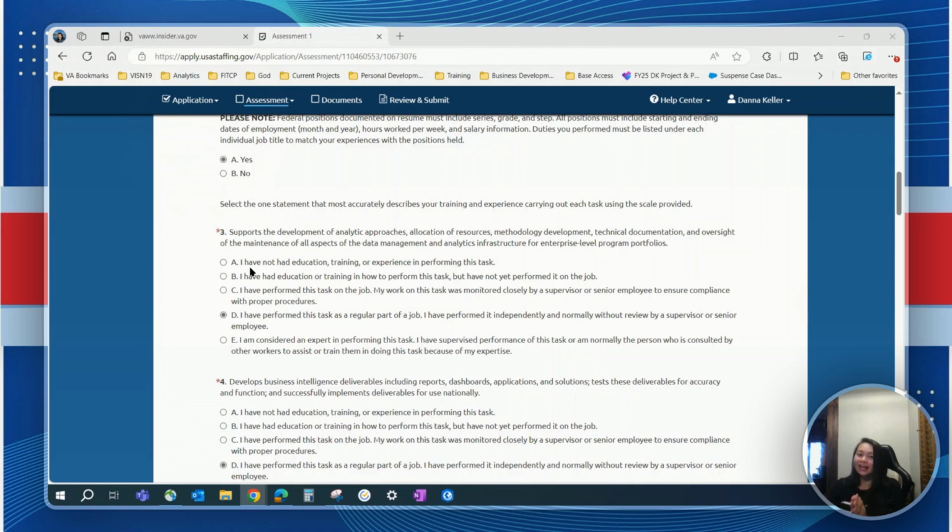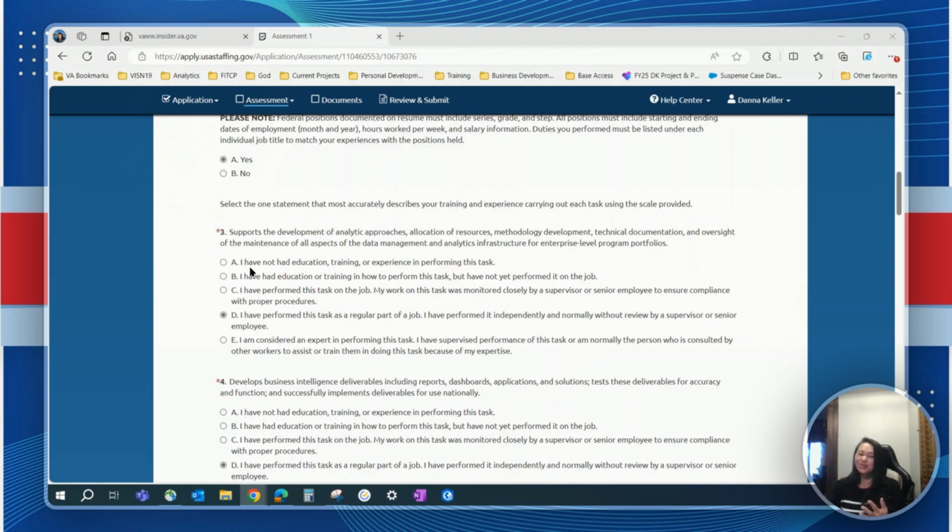So answer that honestly, because they are going to look at your resume and then qualify you based off of that, because you can't say you're an expert in something when you've been in the position for 1 year. Honesty is the best policy when it comes to this, because you don't want to waste their time and your time if you don't qualify for the position.